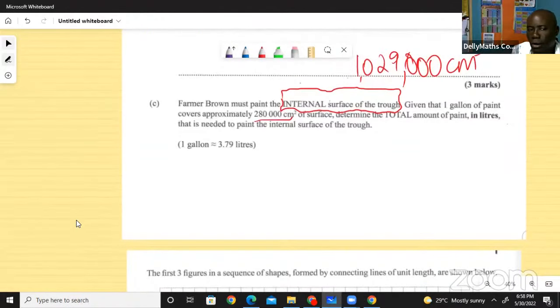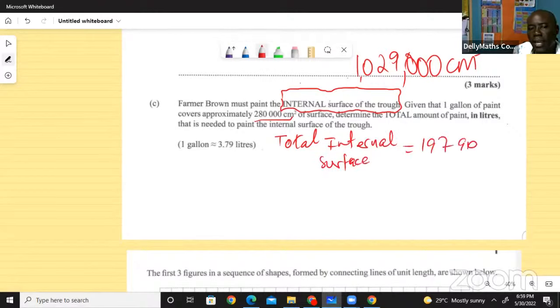I'm going to rewrite that: the total surface area inside is equal to 197,900. We want to think now.